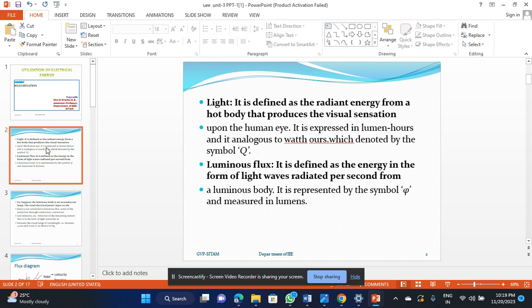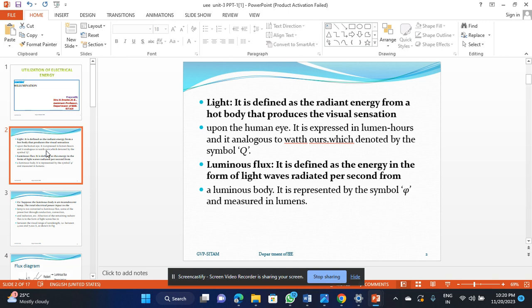This distinguishes the part of the electromagnetic spectrum beyond ultraviolet rays: violet, blue, green, yellow, red. These are the visible colors, distinguished in the 380 to 780 nanometer range.